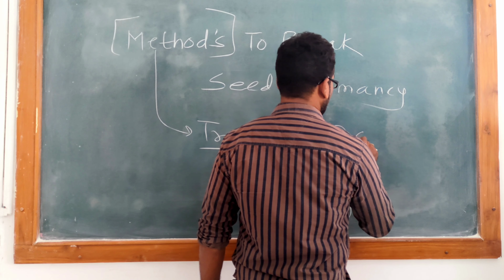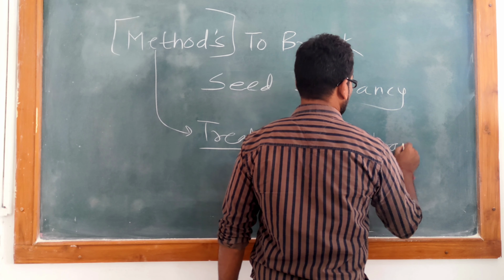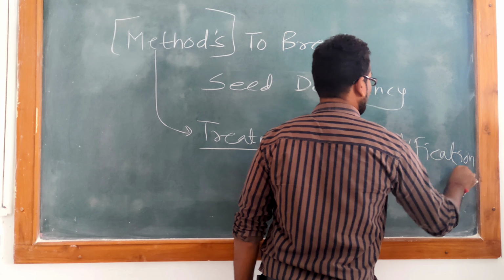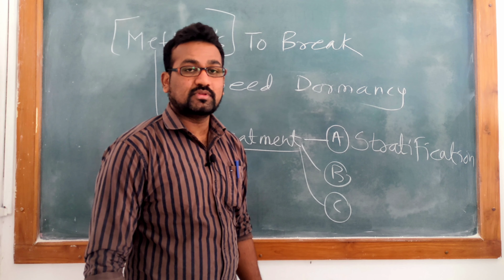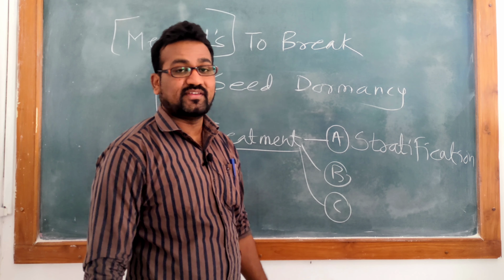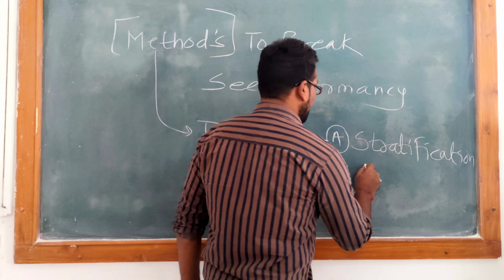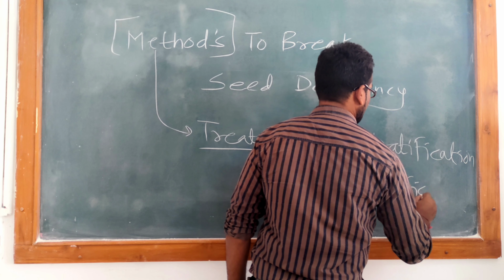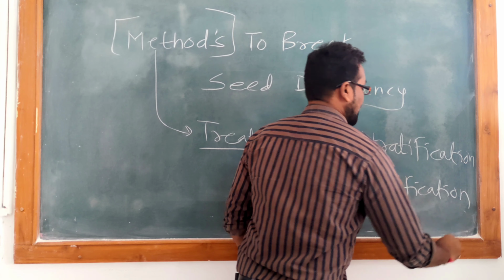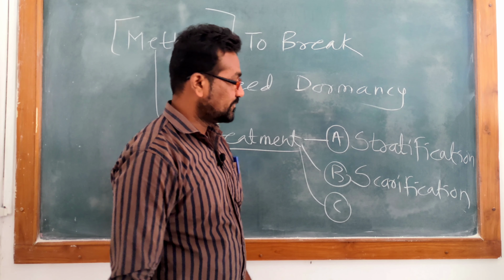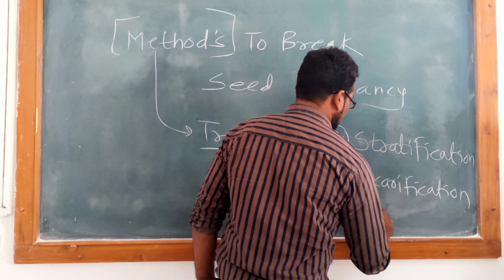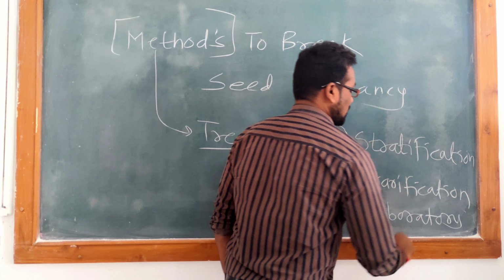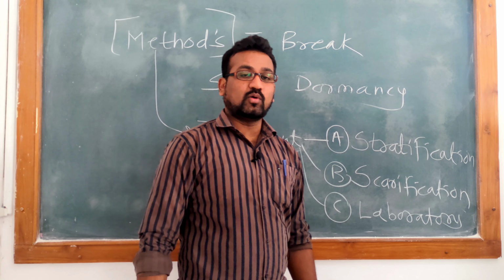First, the method to overcome this seed dormancy is the stratification method. The second method is the scarification method, and the third method is something which we apply in our general laboratory.